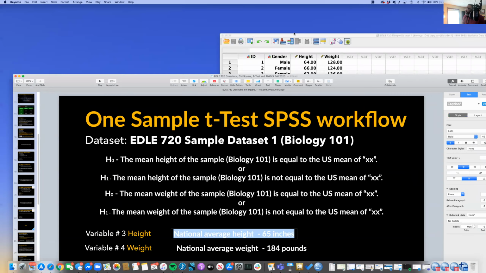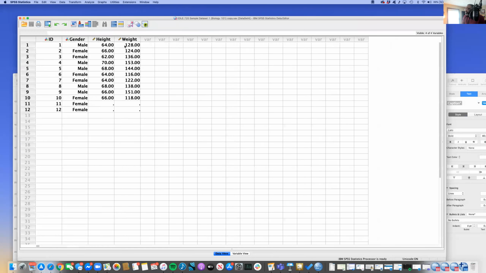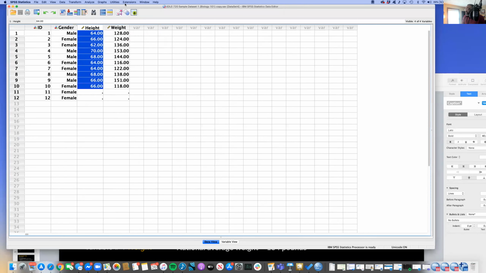And so what we have here are a list of data, which is going to give us a mean height, and hopefully I hope there's enough cases for us to get a statistically significant outcome if there is a significant difference between these data.